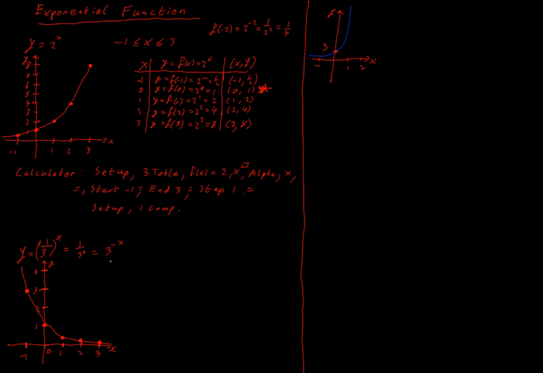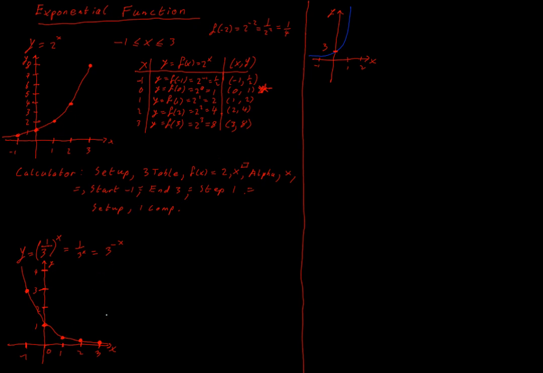Now, what effect is that going to have? Well, it means that as x becomes positive, I'm effectively going to end up with negative powers. When x is 1, I'm going to end up with 3 to the power of -1, which is 1/3. So I end up with 1/3.